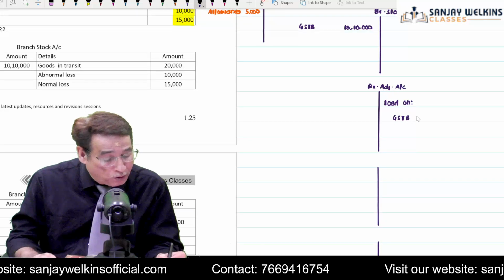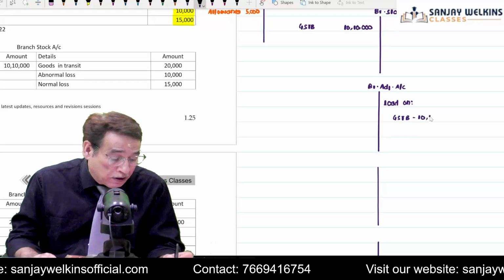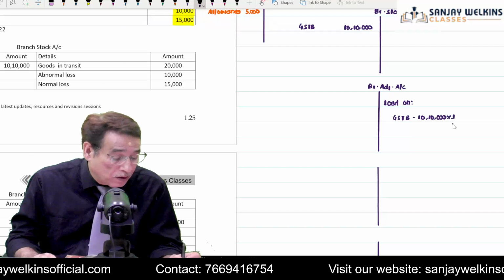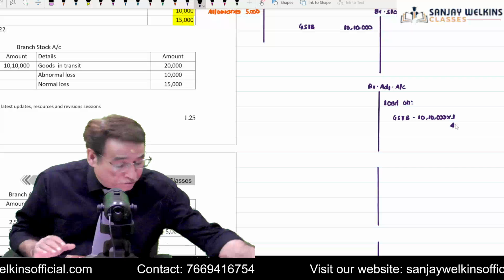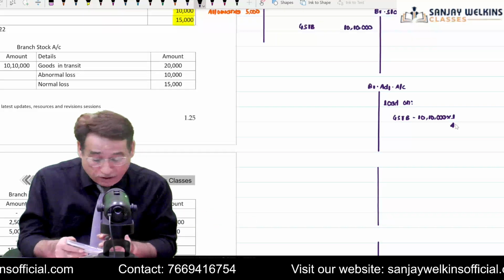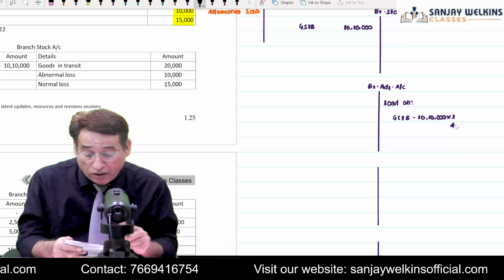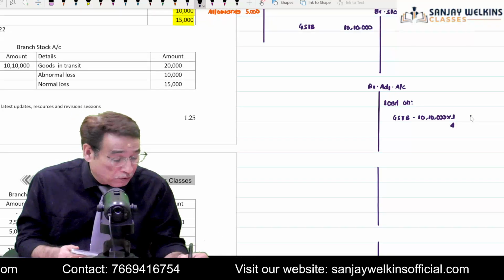Now load on goods sent to branch account will be 10,10,000 into 1/4. I think it will be equal to 2,52,500. Let me see. 10,10,000 divided by 4. Yes, it is equal to 2,52,500.